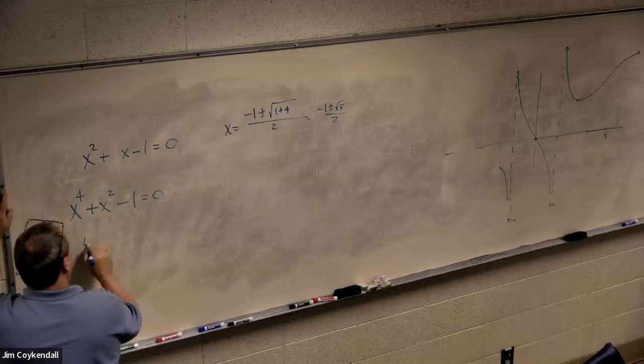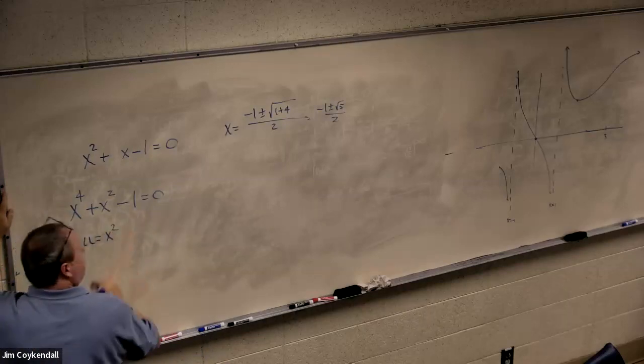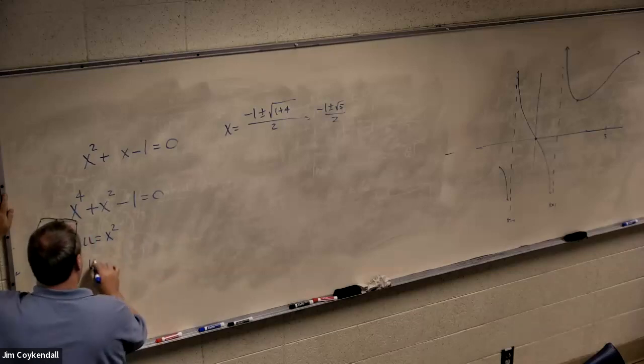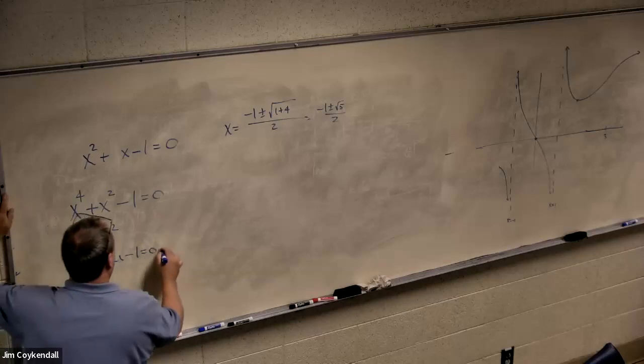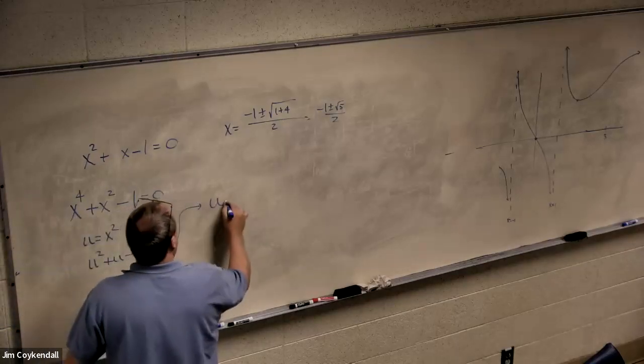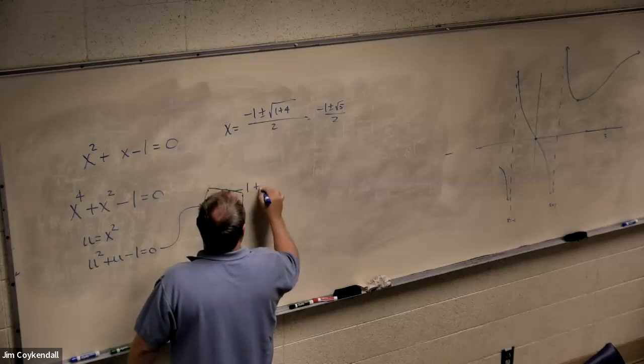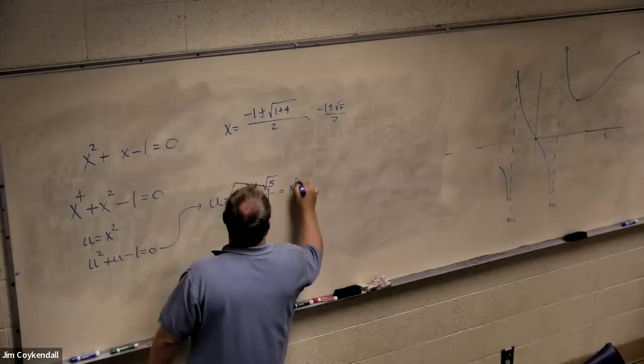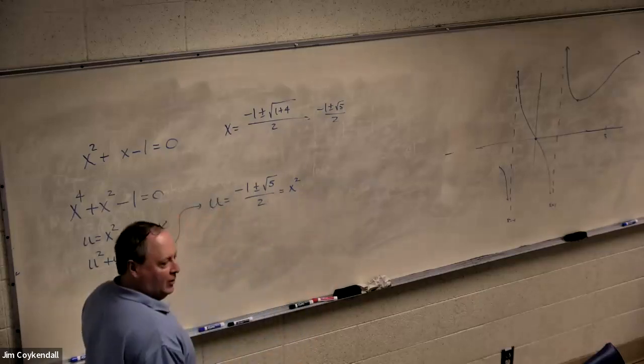This is actually quadratic too. And if it makes it easier to wrap your head around, just change the variable. So just like before, I'll get u is -1 plus or minus the square root of 5 over 2. This is x squared. So how many solutions does that have?